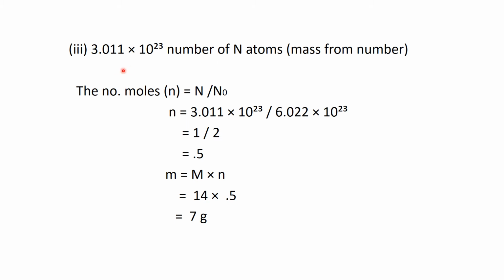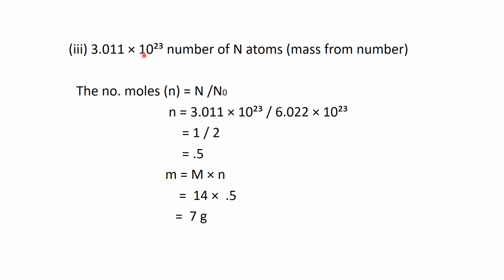Number is given here. So what you will do here, listen, you have done that number of moles is equal to given mass upon molar mass, and another formula you have done that number of moles is equal to given number of particles upon Avogadro number. And here you have to find mass, right? You do not have to find the number of moles.